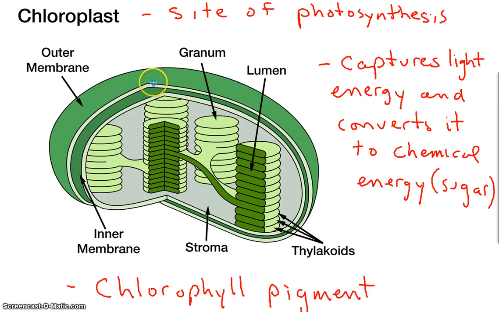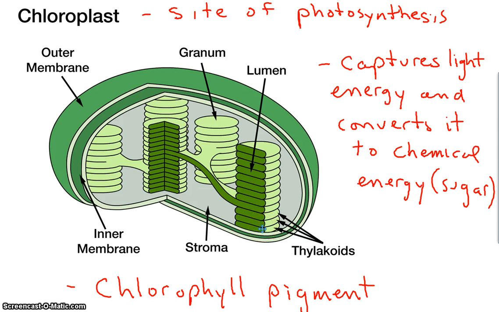So again, if we look at the structure, it is a double membrane, so there's an outer membrane. There is an inner membrane, and both of those are phospholipid bilayers. Now, inside the inner membrane, there is a fluid called the stroma. Within the stroma, there are these individual little pancake-like structures called thylakoids, and it's on the membrane of the thylakoids that the reactions actually take place.